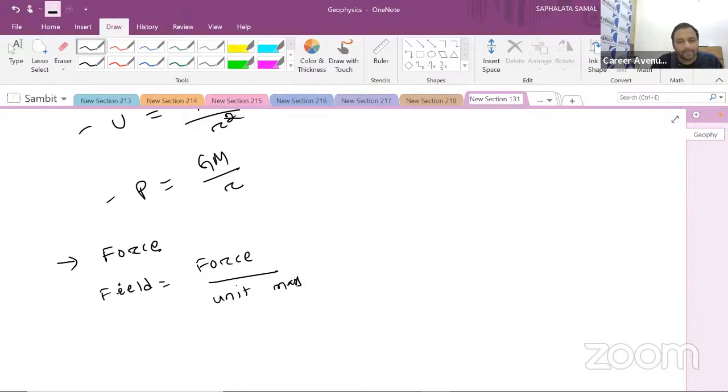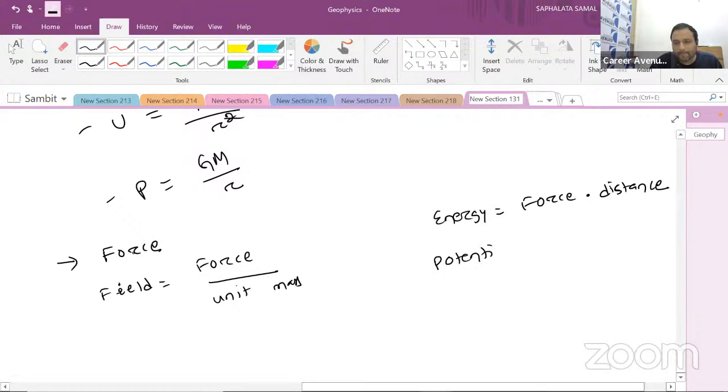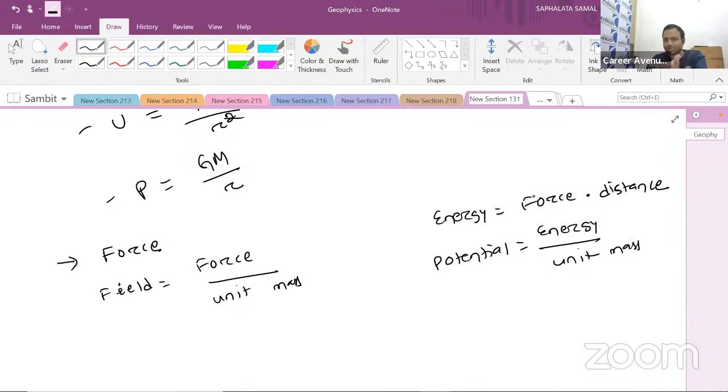Similarly, we have potential energy, that is force dot multiplication distance, and we have potential, which will be equal to energy, that is the potential energy per unit mass. So if you remember only the force equation, you can derive all the other equations quite easily.